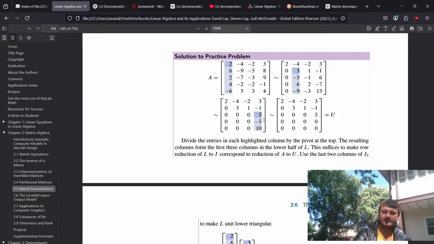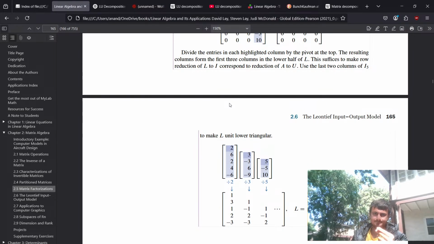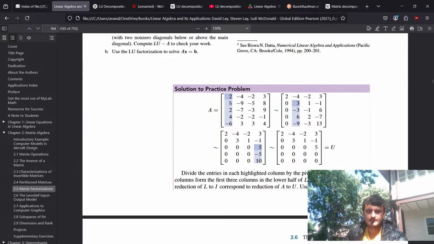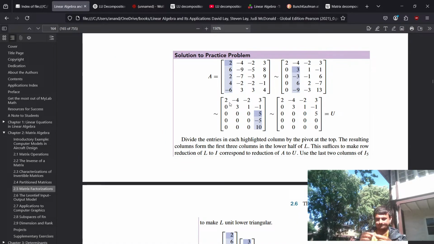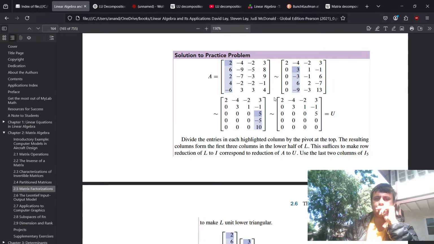Okay. Finally, I've computed this third matrix. All right.